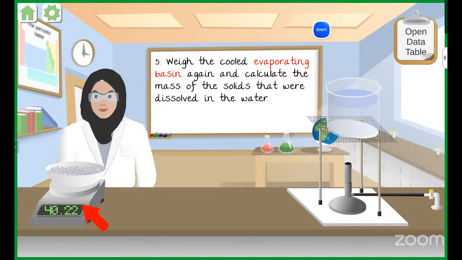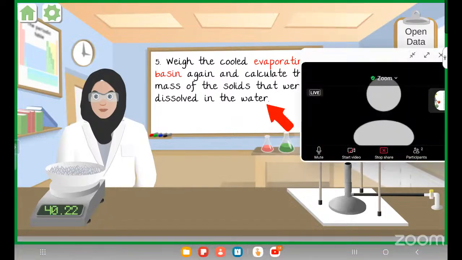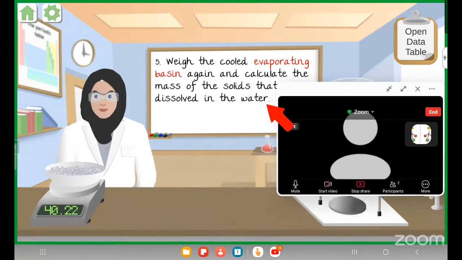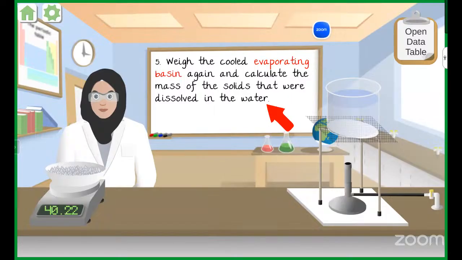So can you now work it out and tell me what will be the mass of the solid that were dissolved in the water? I will give you 1 minute to calculate. Sorry, I don't get it. I don't really understand. All right. I have to explain again.